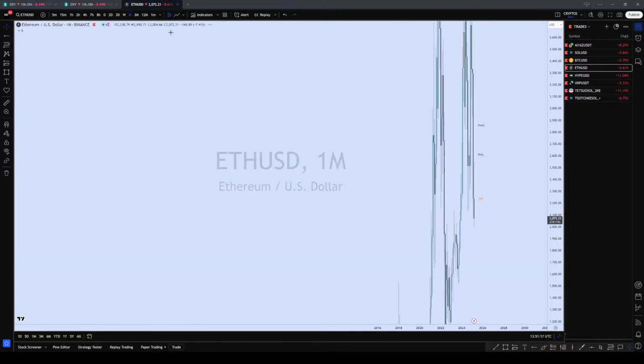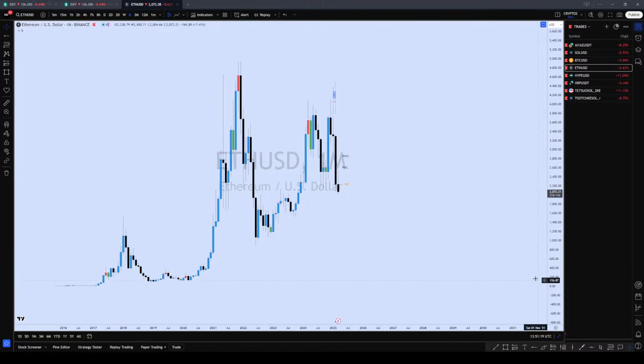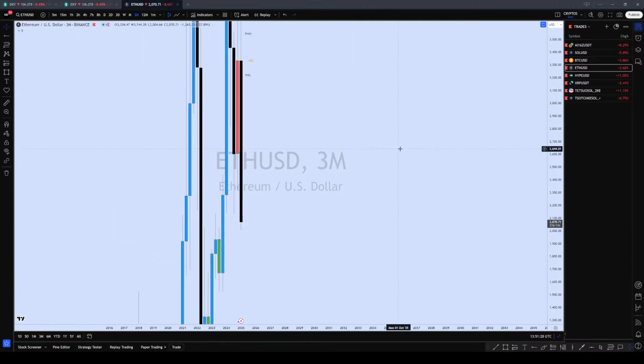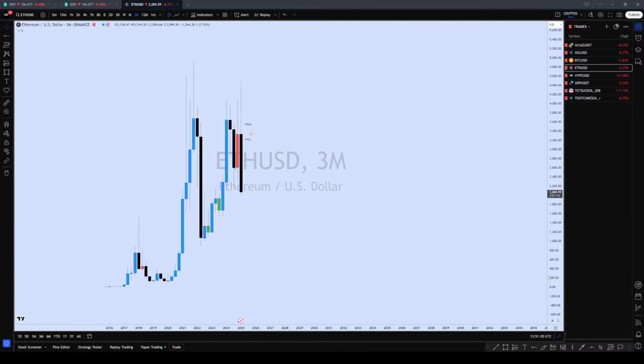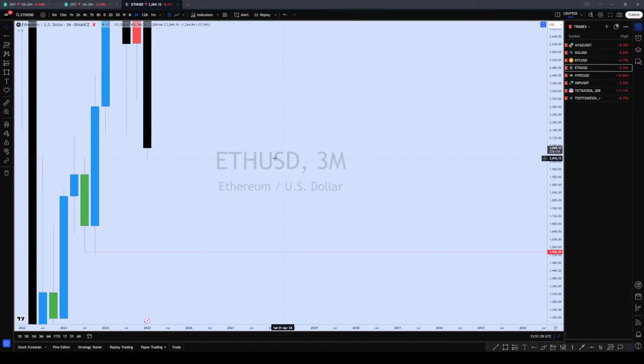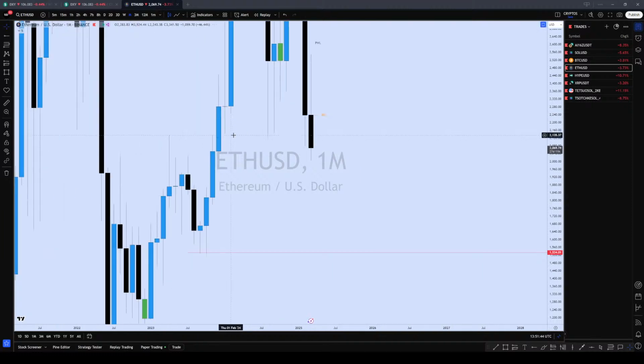So let's see where Ethereum can trade next. Okay, so we can trade to 1942.26.